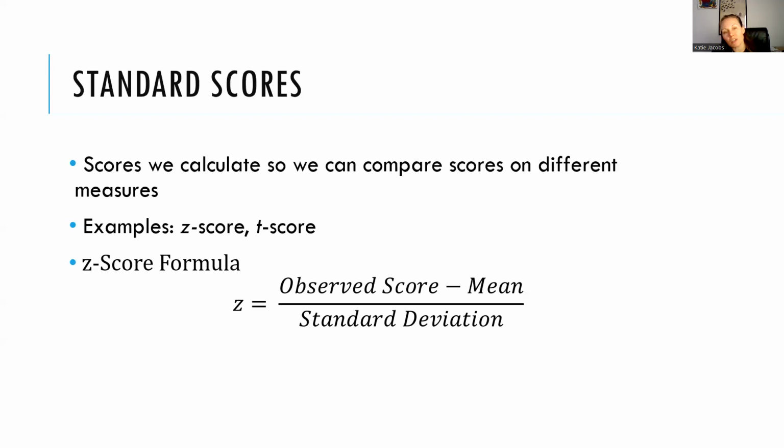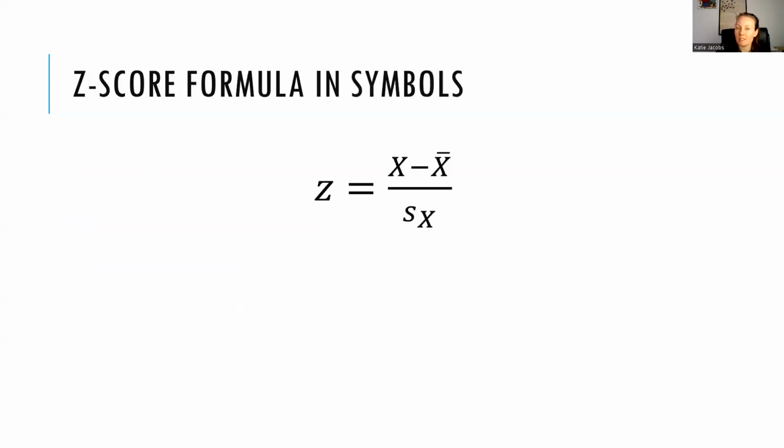So what we're looking at here is we're finding the deviation scores for each of our data, and then we're dividing it by the standard deviation. And so what that does is when we divide by that standard deviation, we're seeing how far a score is away from the mean in the number of standard deviations away. And so I'm going to show you the formula and symbol so it makes a little bit more sense. So we see there that we have Z, which is going to be our symbol for z-score.